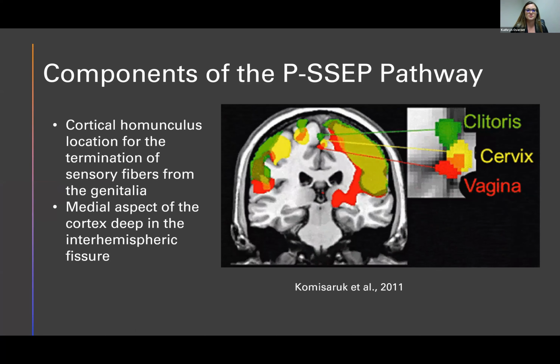As was already mentioned in the previous presentation, the best recording site found by Haldeman was CPZ, and the medial aspect of the cortex deep in the interhemispheric fissure is actually where the sensory components for these lie.